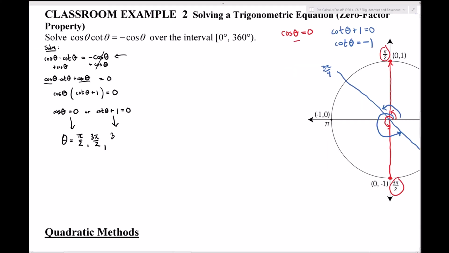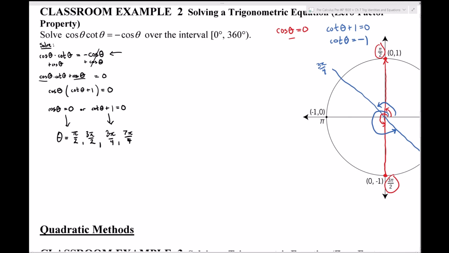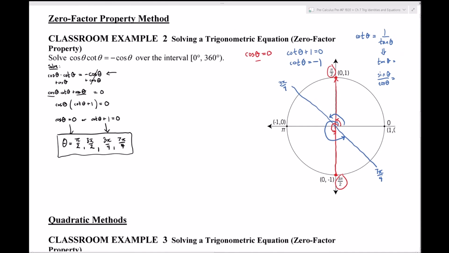So it was 3 pi over 4 and 7 pi over 4. And those are it. Maybe I should explain just a little bit more why that's it.